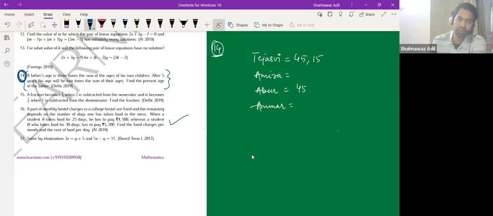Okay, so let us do this problem and you guys check whether I am doing it correctly or not, right?